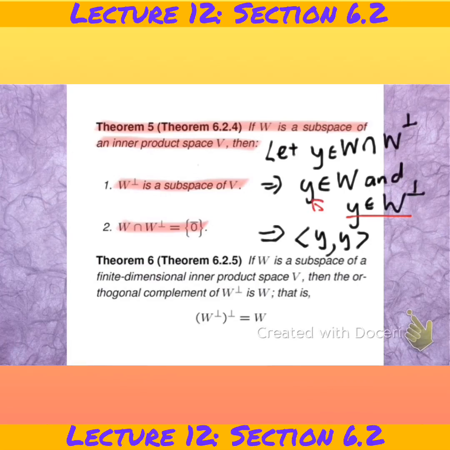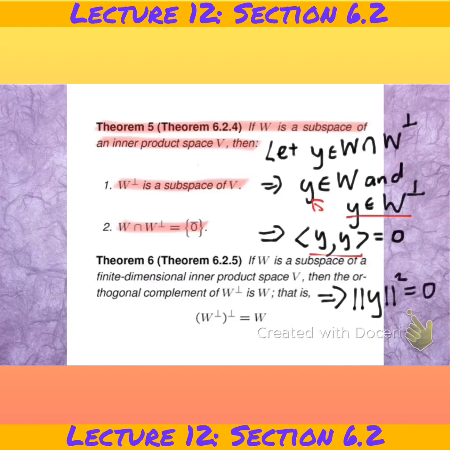So therefore, the dot product or the inner product of y with itself has to be 0. Okay, but that implies that, what is this term? What's that term equal to? Remember, by definition, that is the square of y's norm.